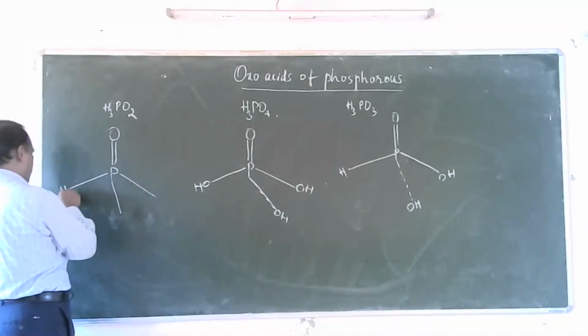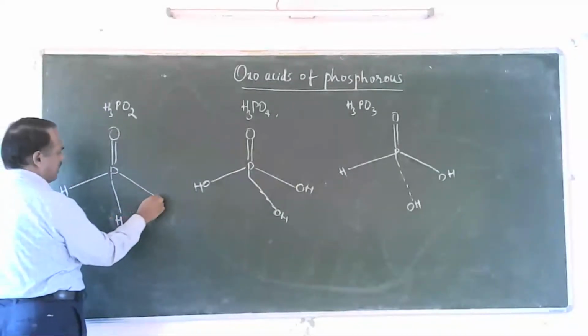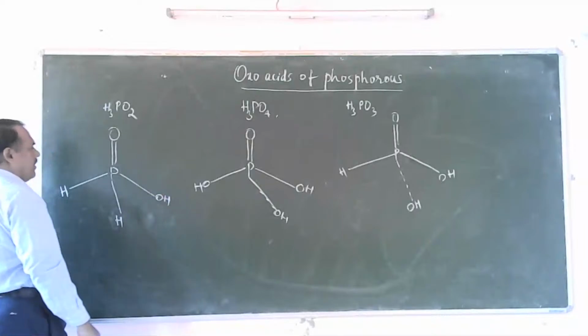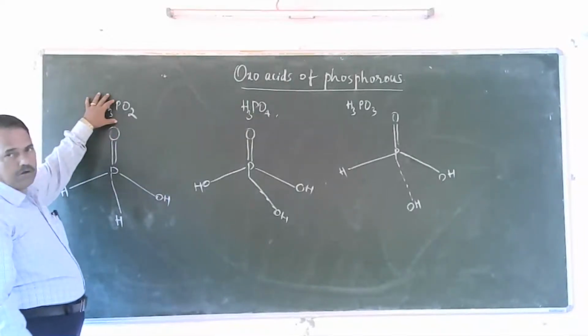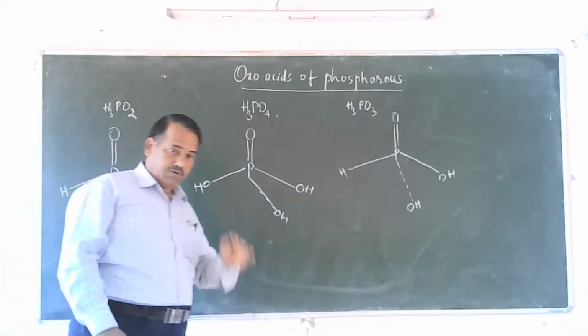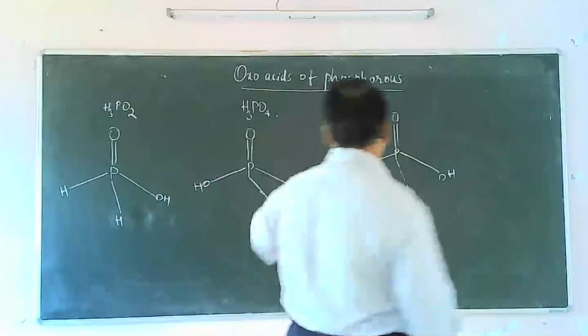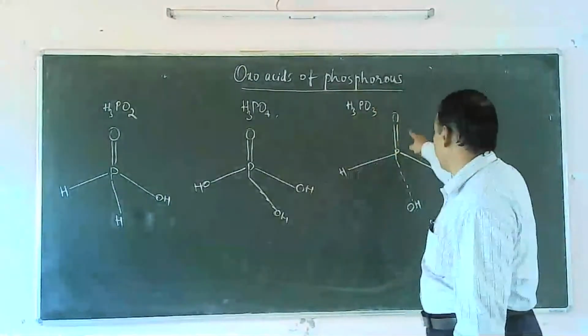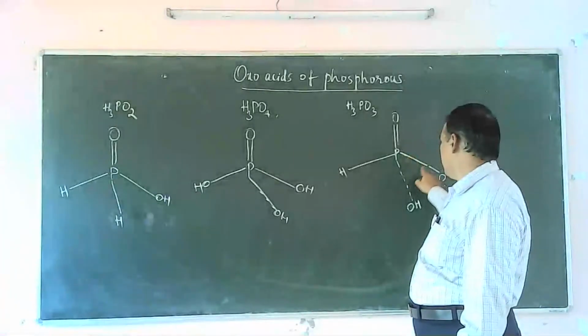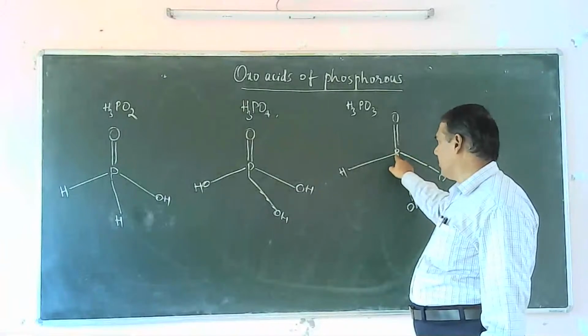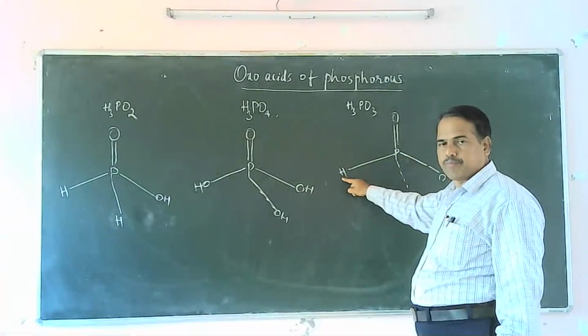See, this is one H bond, another H bond, and this is OH. So in orthophosphorous acid, we can find 2 hydroxyl groups and one P-H bond.